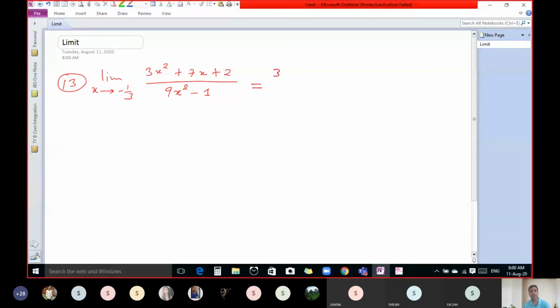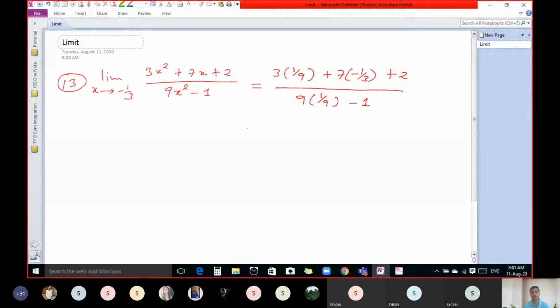So here 3 into minus 1 by 3 square is 1 by 9, plus 7 into minus 1 by 3, plus 2, upon 9 into, if you put x equal to minus 1 by 3, its square is 1 by 9, minus 1.